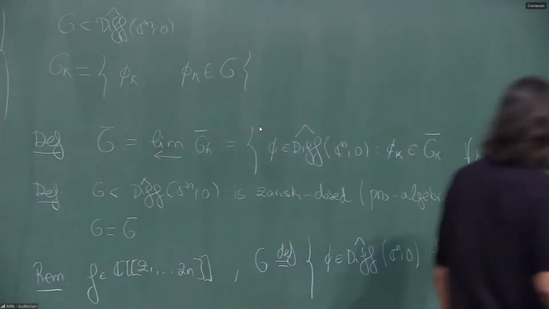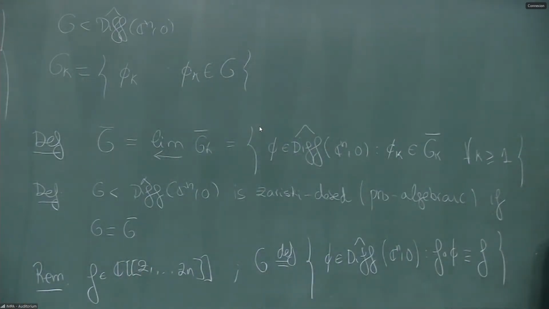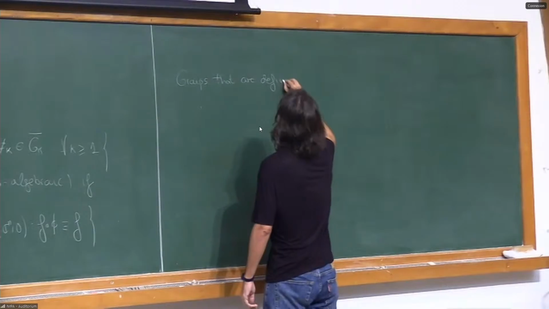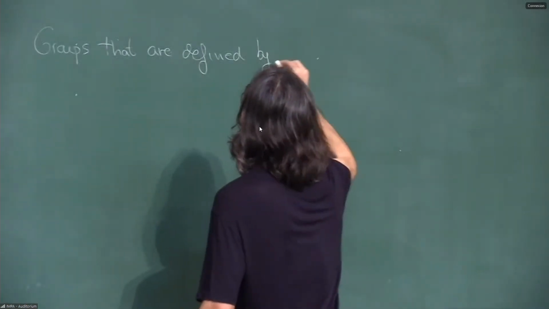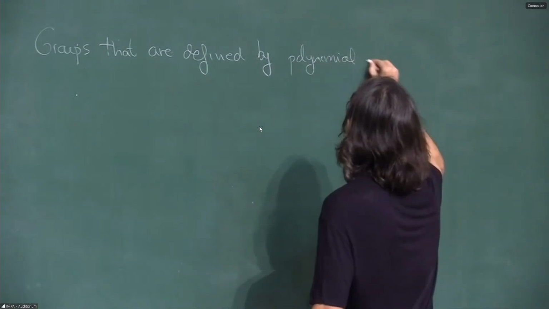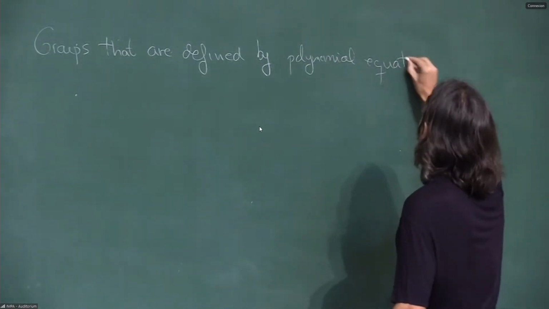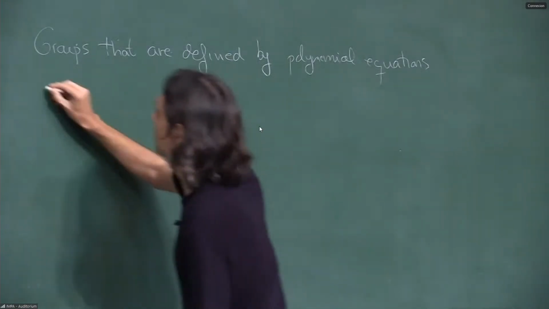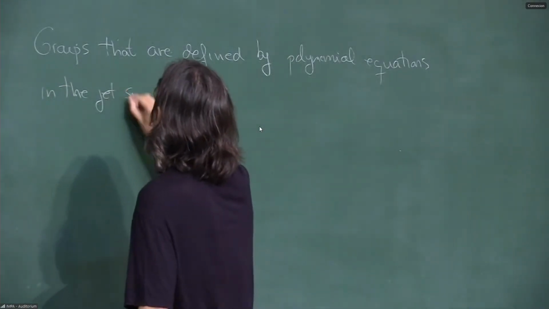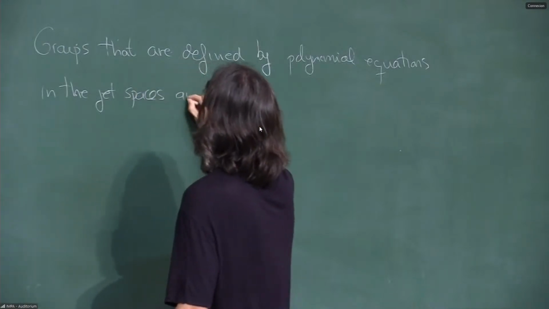So groups that are defined by polynomial equations in the jet spaces are Zariski closed.